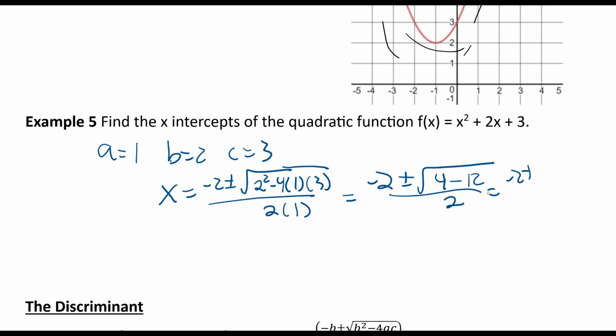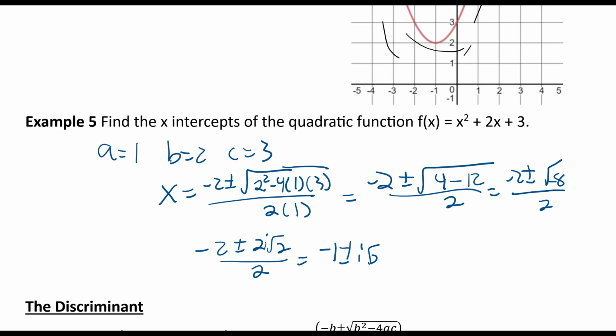So -2 plus or minus the square root of -8 all over 2. Oh, that should be a -8, by the way. So -2 plus or minus 2i root 2 over 2. And that would reduce down to be -1 plus or minus i times the square root of 2.